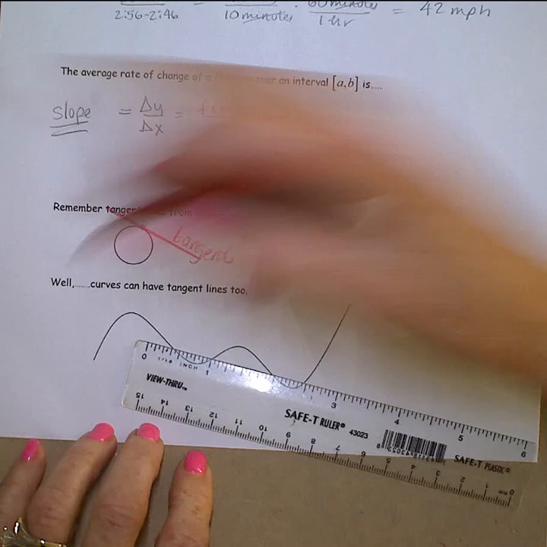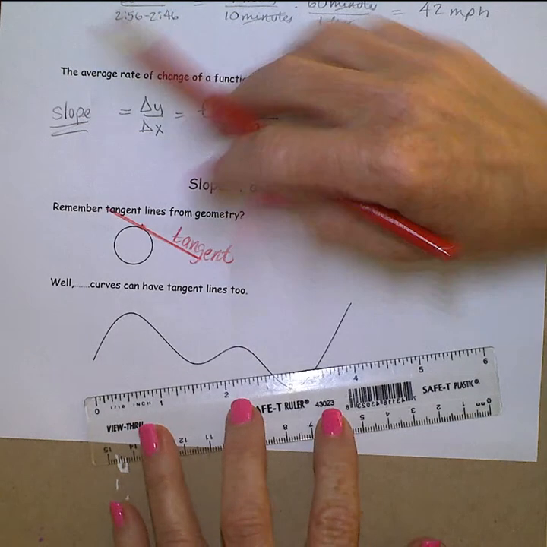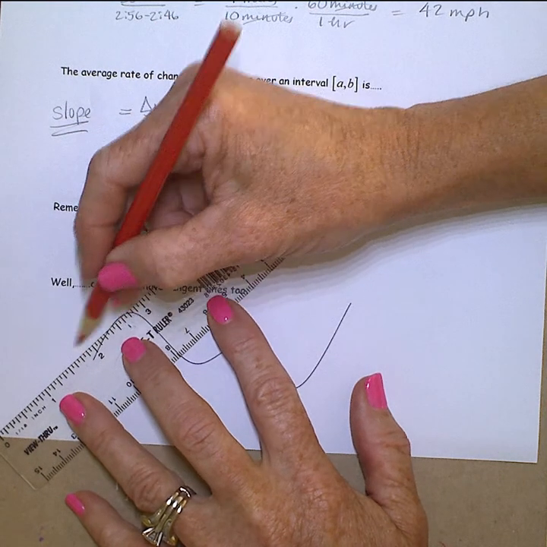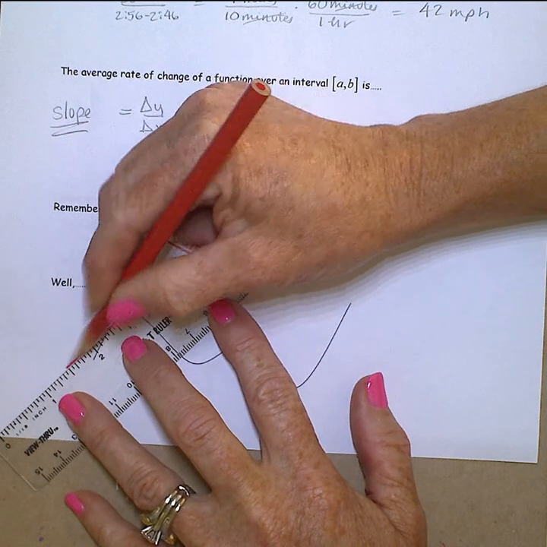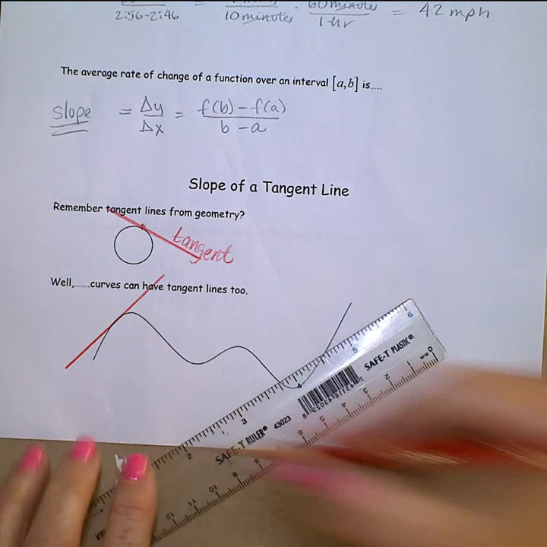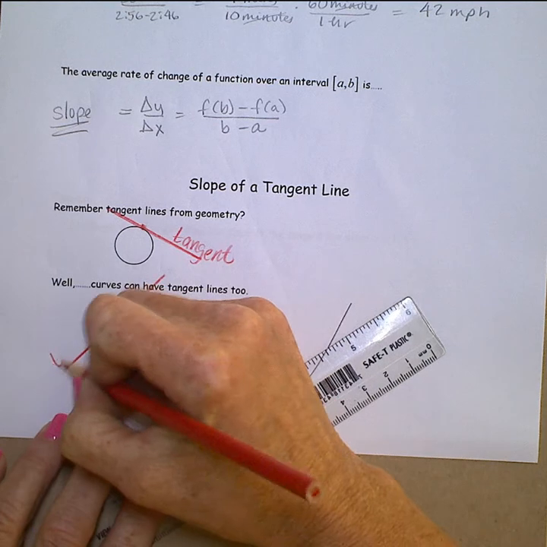There are an infinite number of tangent lines along this curve. One of them might be right here. It kind of skates right along the edge of that curve. Here's a tangent line.